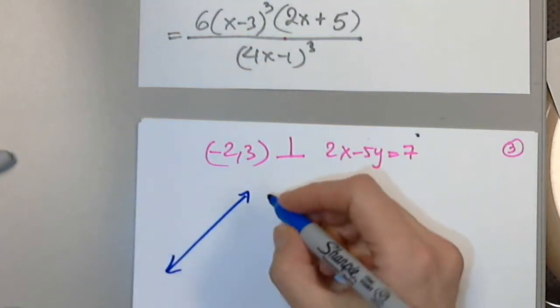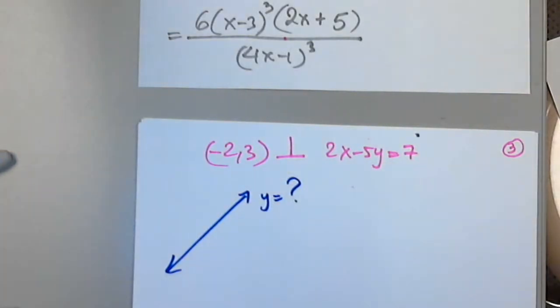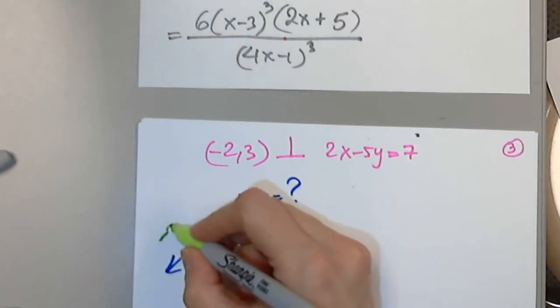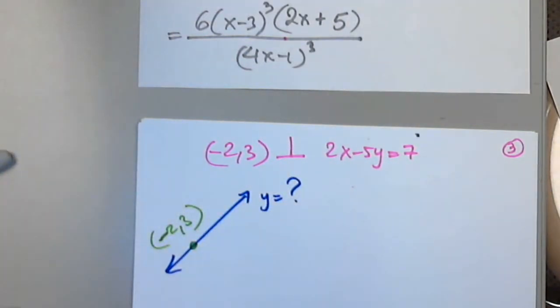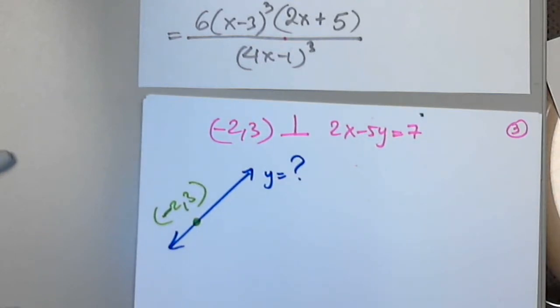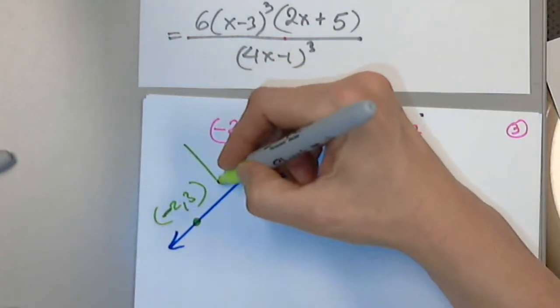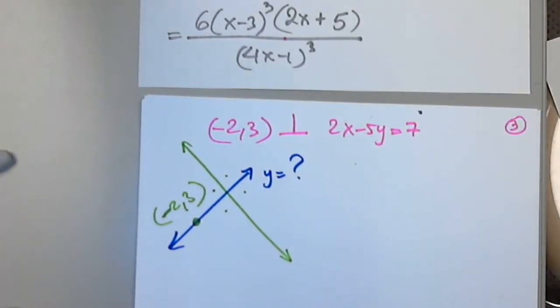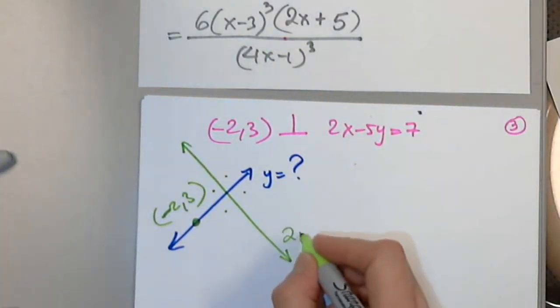I'm asked to find the equation of this line. I know two things about it. I know that it passes through negative 2, 3. Somewhere along the line, I have this point. And it's perpendicular to a line whose equation is given to us.